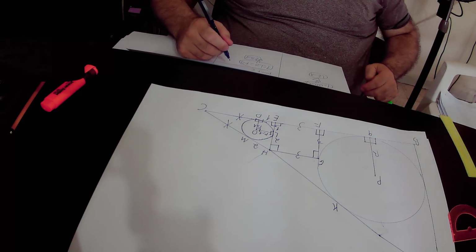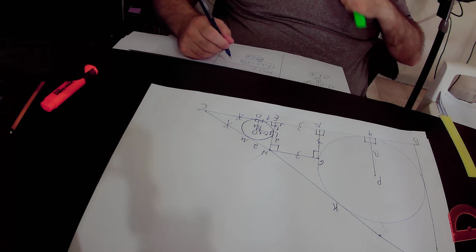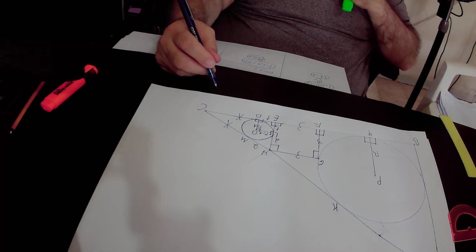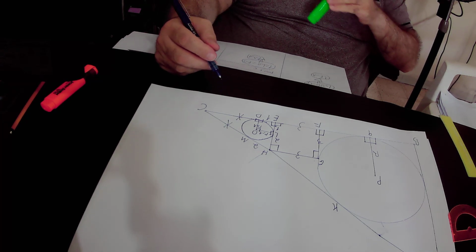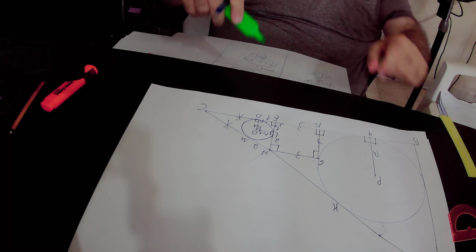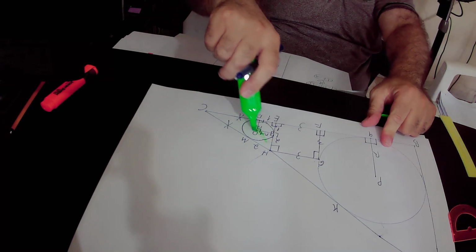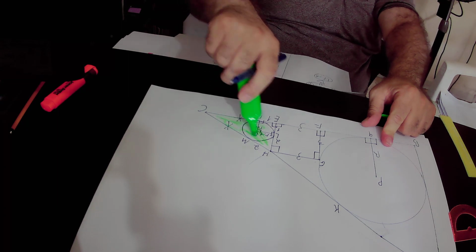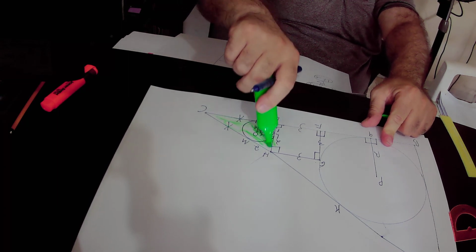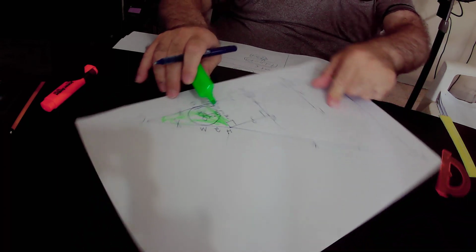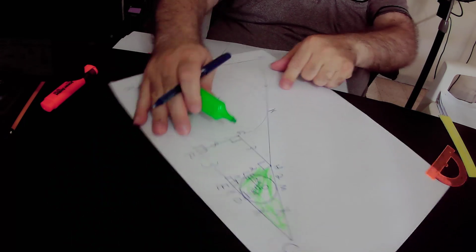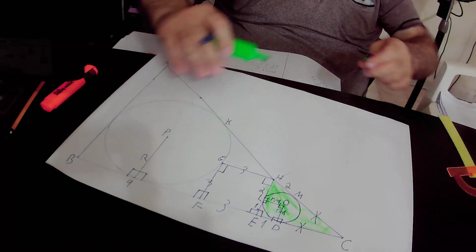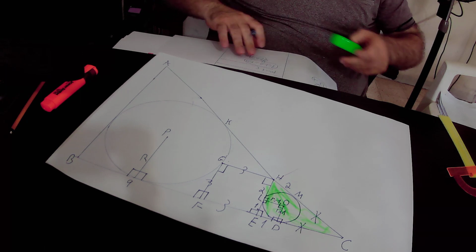So here we will focus on the right green triangle, triangle HCE. We will implement the Pythagoras theorem on the right green triangle, triangle HCE.